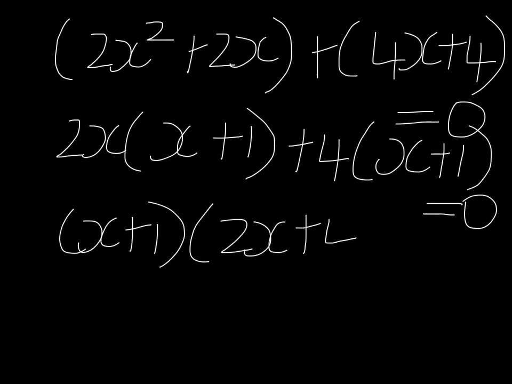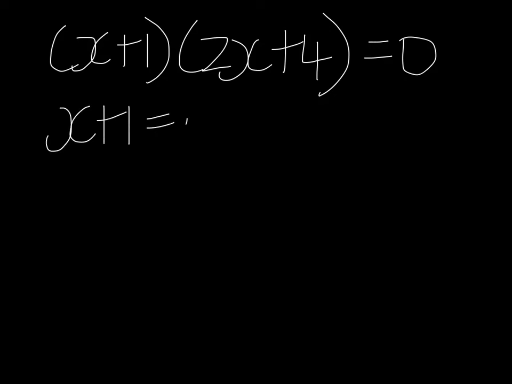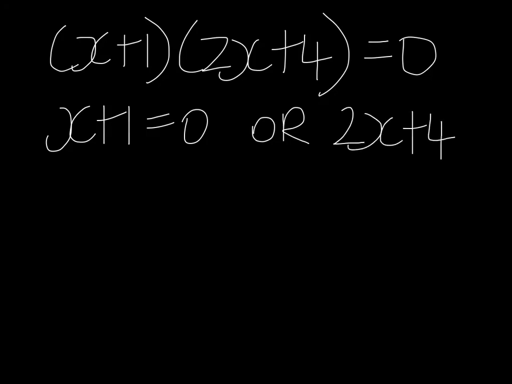2x plus 4. Okay, now this is where it's a little bit different. x plus 1, 2x plus 4 equals 0. We either know that x plus 1 is equal to 0 or 2x plus 4 equals 0.